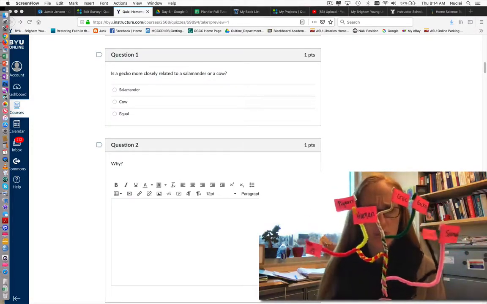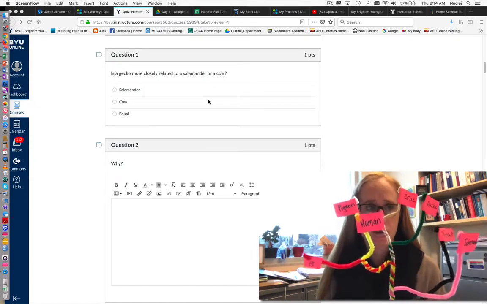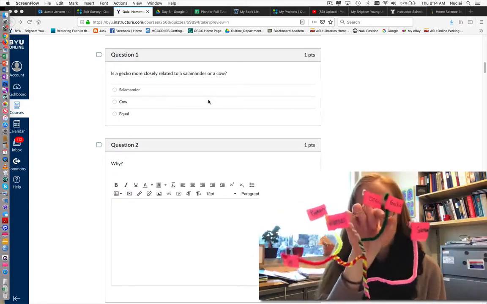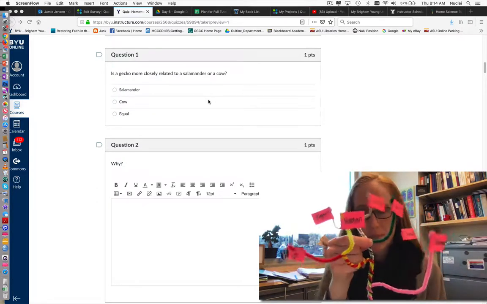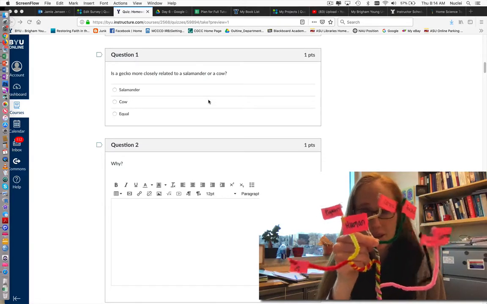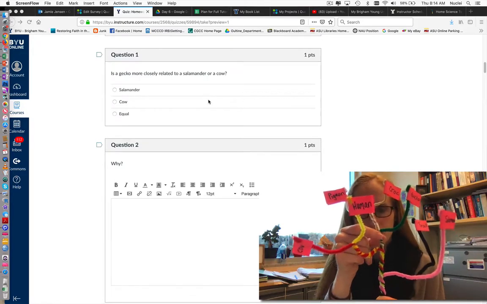So in looking at question number 1, it says, is a gecko more closely related to a salamander or a cow? So to answer that question, we find gecko right here, and we follow it down, and we grab onto the node. And then it asks, is it more closely related to a salamander or a cow? Well, we've got to go down one more node to get to a salamander or a cow.